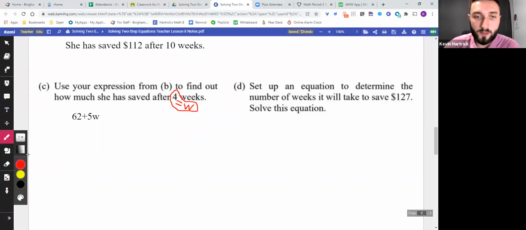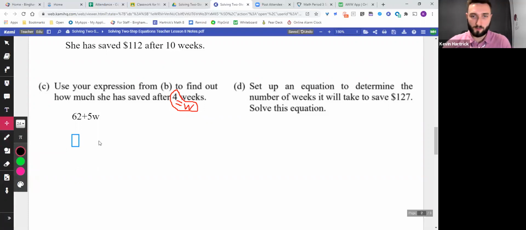Now that we know that W equals 4, we're going to substitute it in, just like we did on our first lesson this year about variables and expressions. When we substitute, remember, we make a little pocket, and inside the pocket, we put what our variable is.